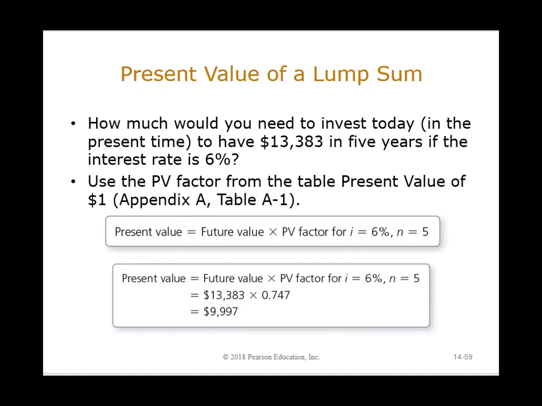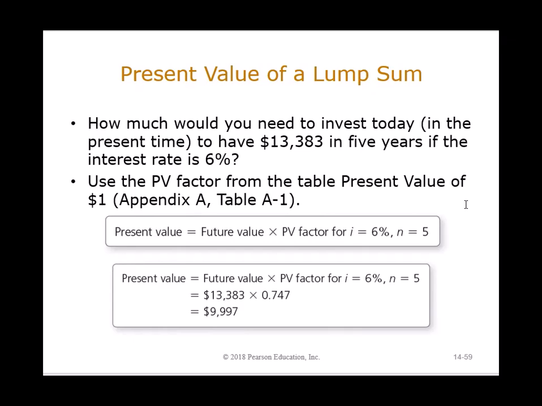And again, this time they tell us 5 years, and in this case, there's no semi-annual interest payment, so we can use 5 as our N, and we can use 6% as our I. And what you'll find with these tables is the tables are going to have the interest rates going across the top in the columns.